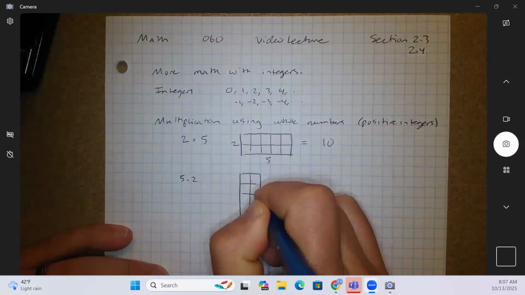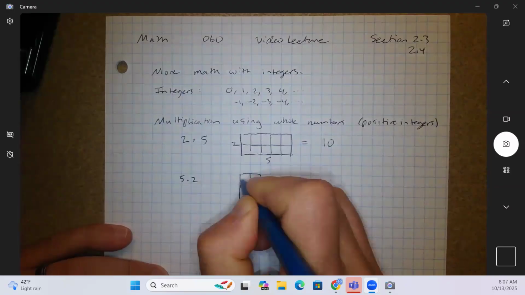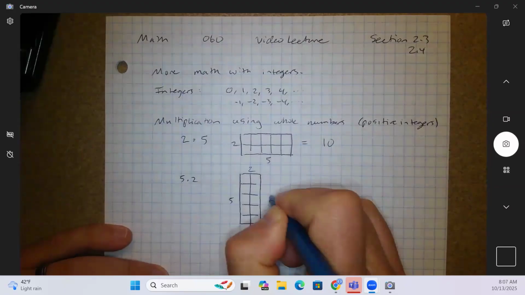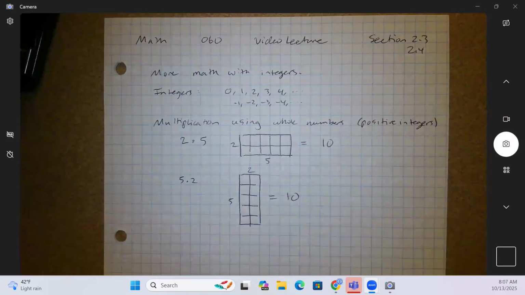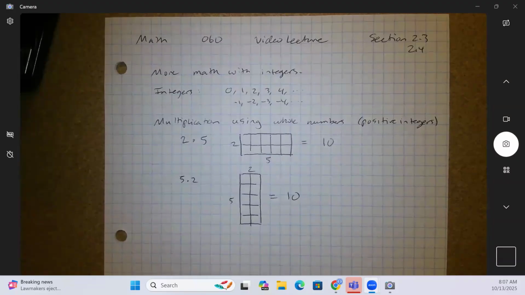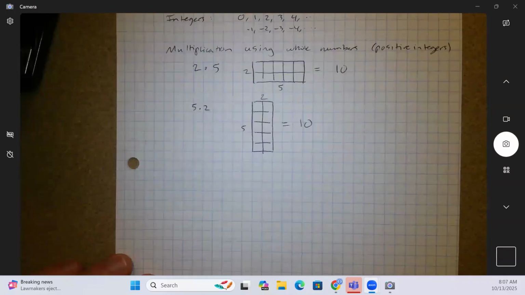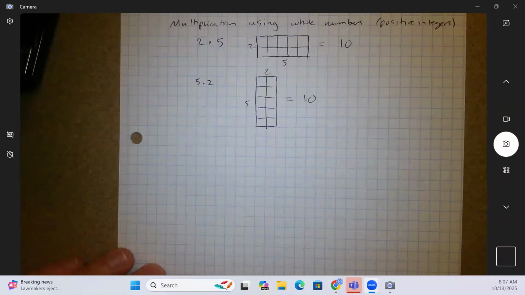So now instead of 2 sets of 5, I have 5 sets of 2, which nevertheless is 10 squares. I like the rectangle way of thinking about it, especially as you're working on building your math facts, or learning your times tables as it was called when I was learning it, because the rectangles can help you with the counting.